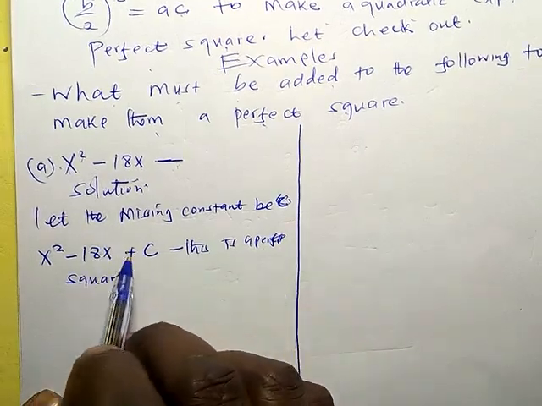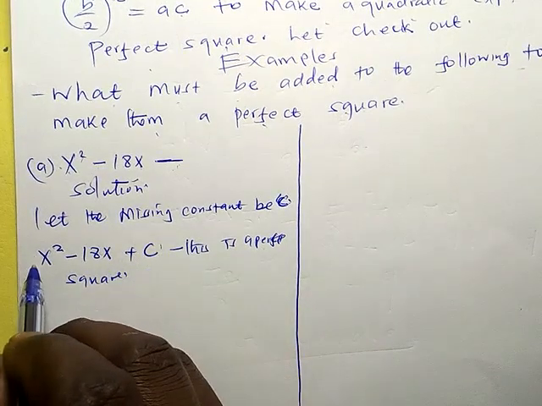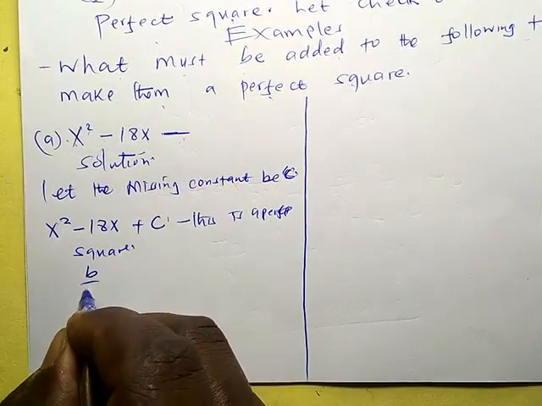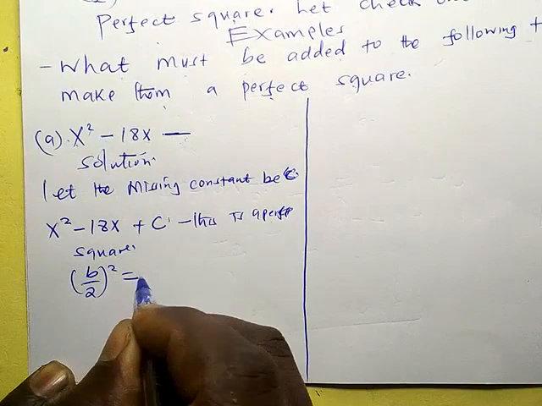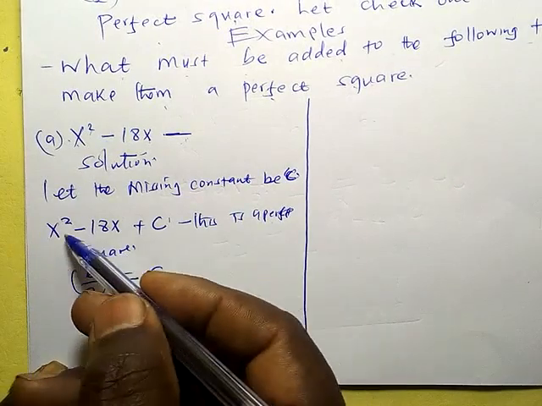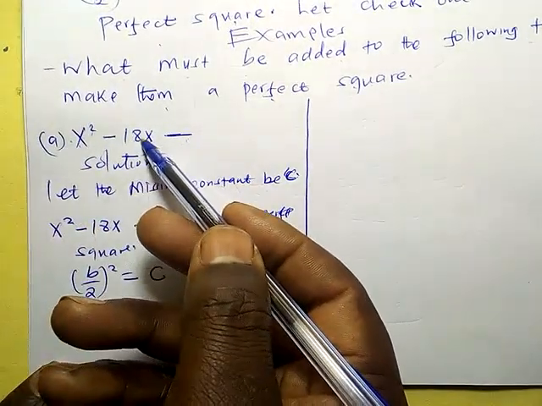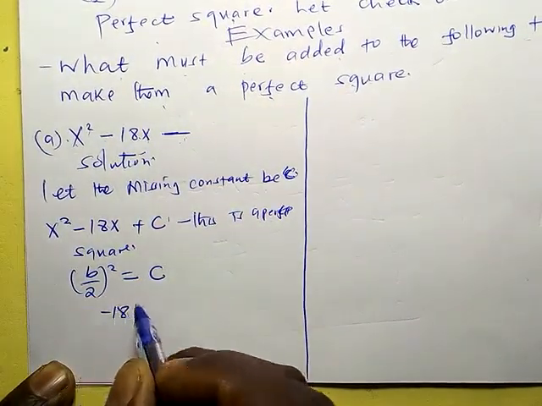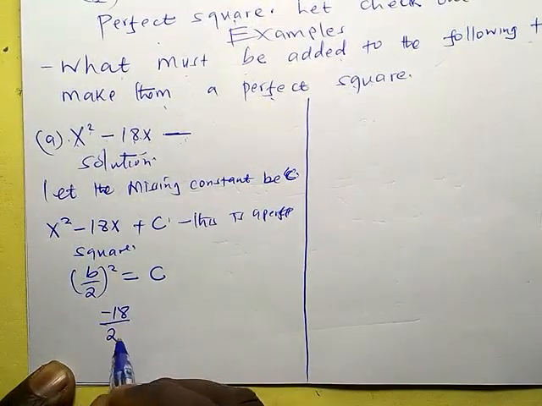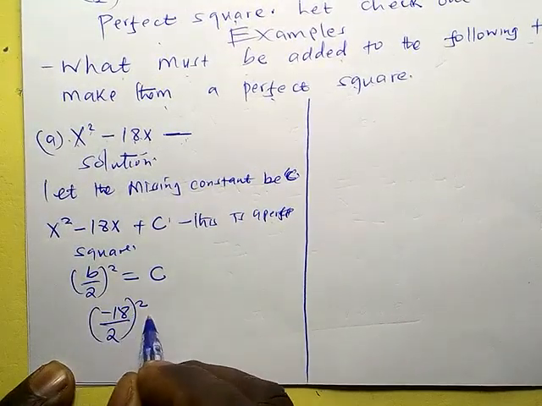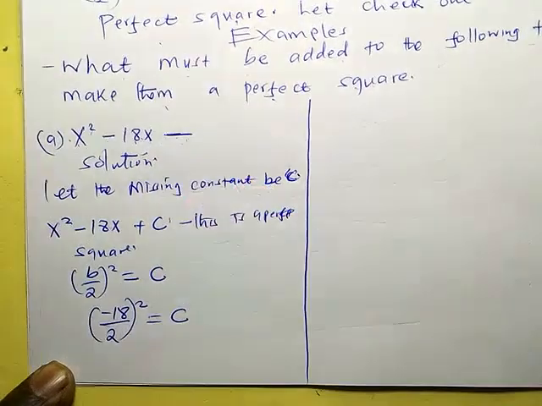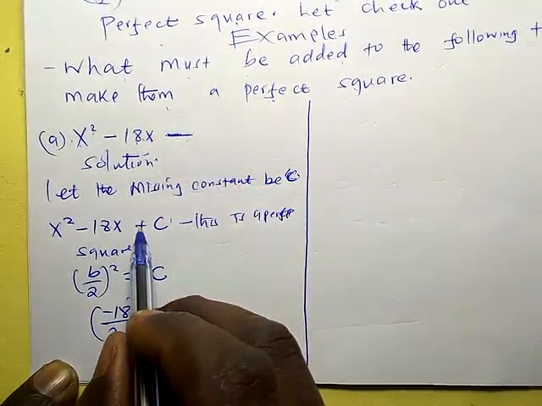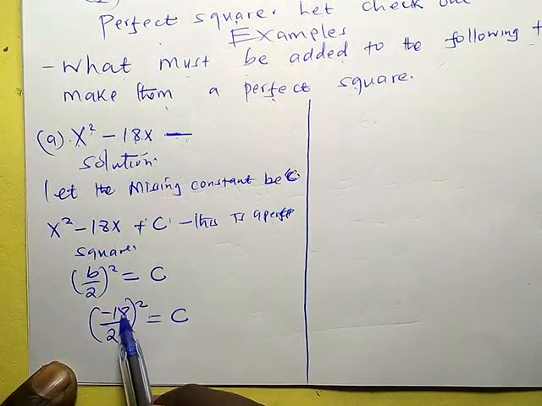Now if we have made it a perfect square, and the coefficient here is 1, then what it means is that b divided by 2 squared should be c. In our question here, we have b, right? So our b is negative 18 divided by 2 squared. This should be c, the one we are looking for. Now, whether this is negative or positive, it will be obtained from here.